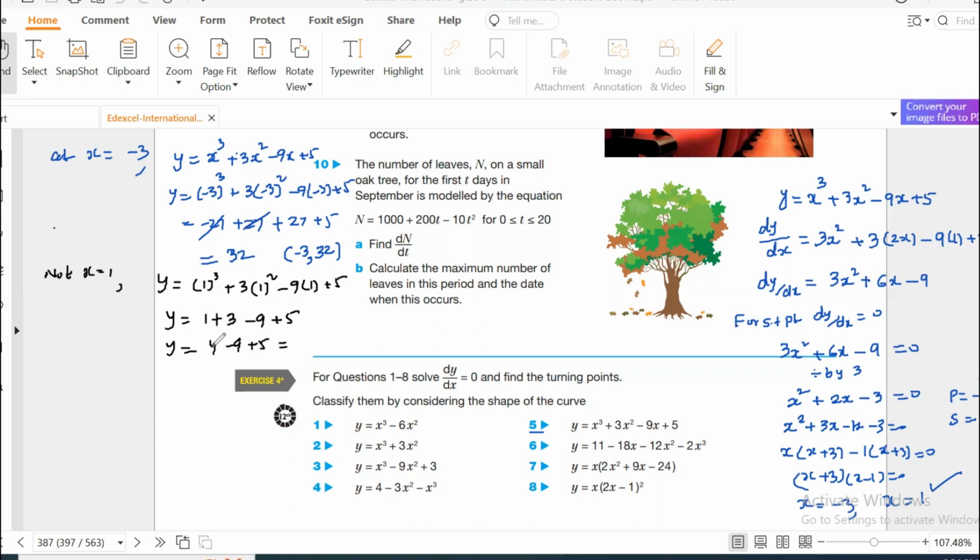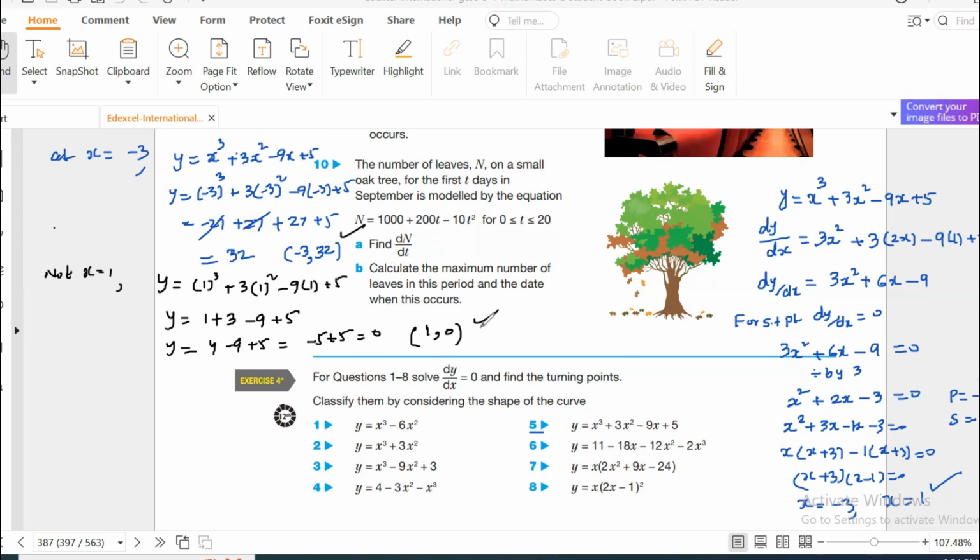So 4 minus 9 is minus 5, plus 5. I hope it's 0. It means we have another point when x is 1, y is 0. So we have 2 points.